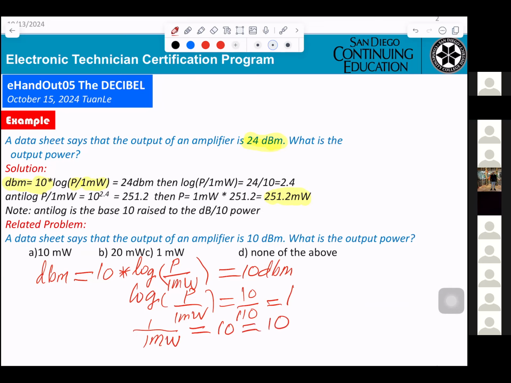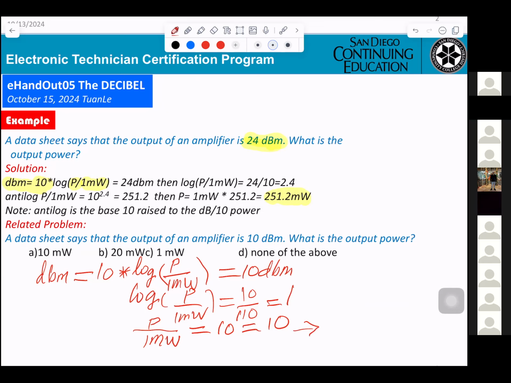So, let's see. Log of P over 1 milliwatt equals 1. So P over 1 milliwatt equals 10 to the power of 1, which equals 10.